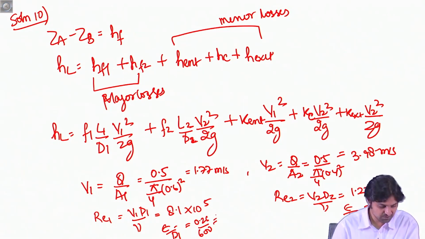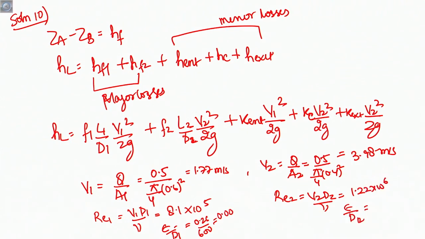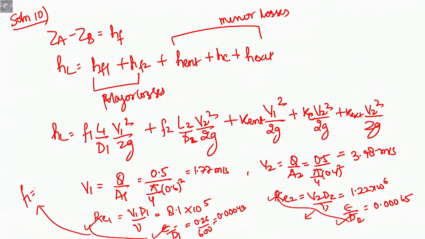This comes out to be 0.00043, and this one comes out to be 0.00065. So we know RE1, epsilon by D1, RE2, and epsilon by D2. We can actually use the Haaland equation or the Moody chart and find out F1. If you look at the Moody chart or use the Haaland equation, F1 will come 0.017, and this F2 is going to come to be 0.018.